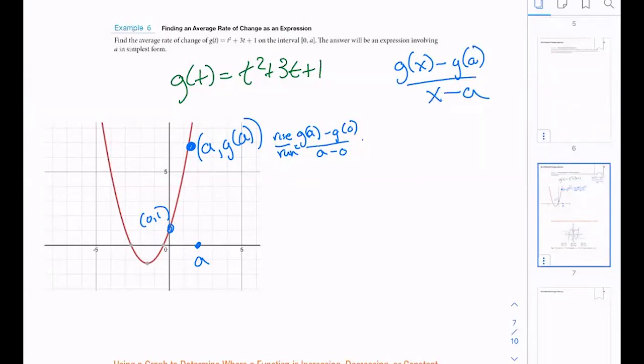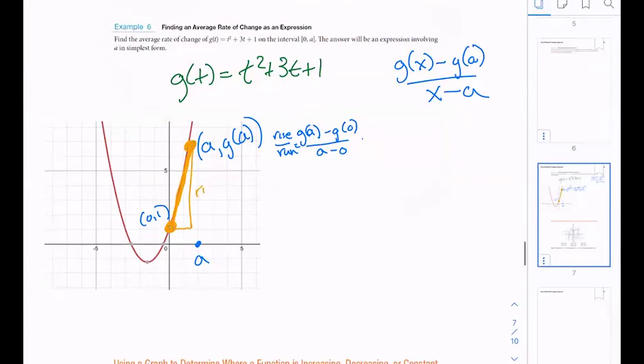But those values just determine a couple points that you've got. So if we want to find between (0, 1) and (a, g of a), we want to find the slope of that line, and that will approximate the slope of the curve at that point if they're close enough. So we can find the rise over the run of those.